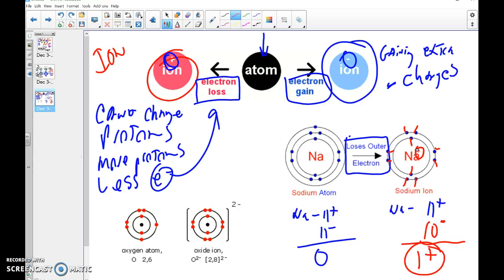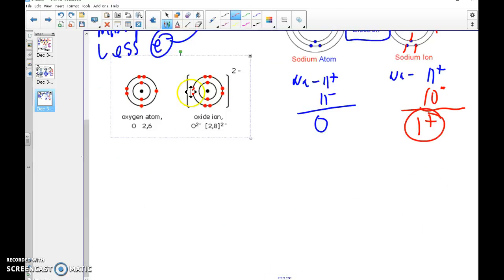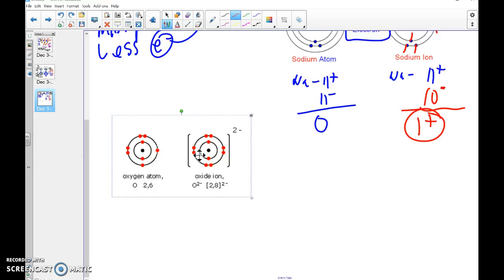Let's take a look at another example. So here I have oxygen, right? Now you'll notice that oxygen has 8 protons, so that means that oxygen has 8 positive charges because it's oxygen.